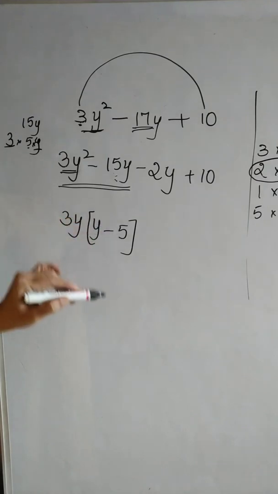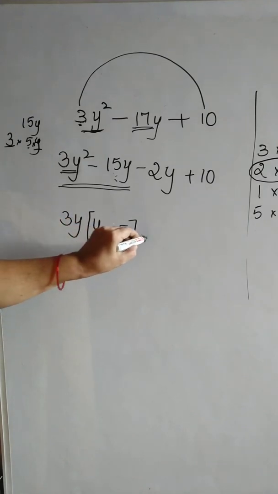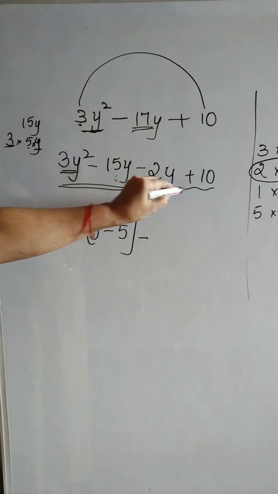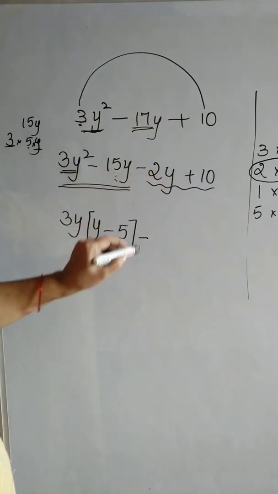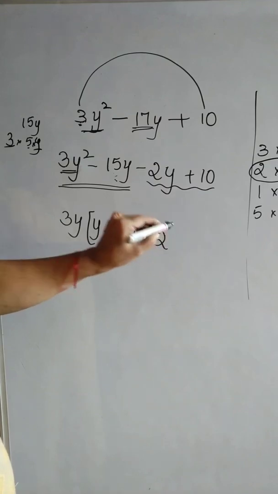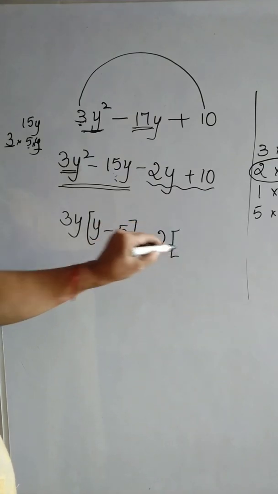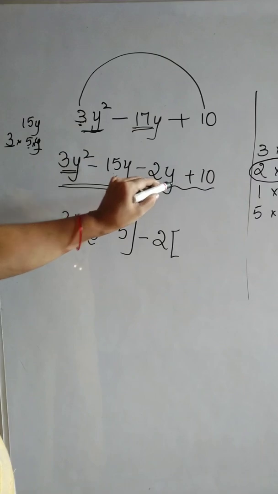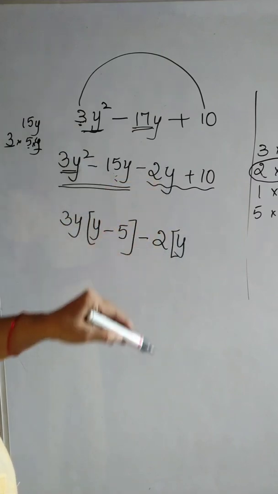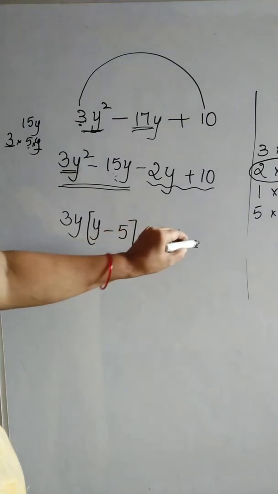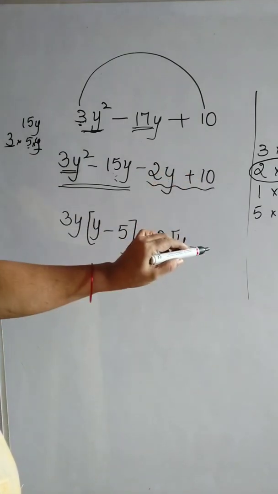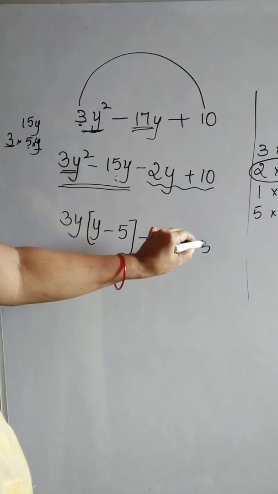So I have written here 5. Now, minus. Again, when you observe these two terms, in both the terms 2 is common. So we will take 2 common. Here I am left with y. So we write y here, minus. Here, if we take 2 outside, we are left with 5.